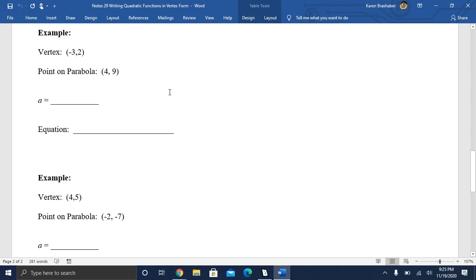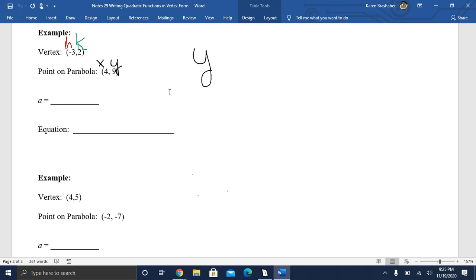You'll be given your vertex. Now, you've got to remember we use these letters. So this is H, that first number. We always use the opposite sign. Your 2 is your K value. But your points on the parabola, we're going to use X and Y. So here's your equation.